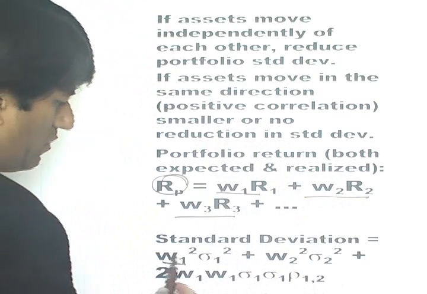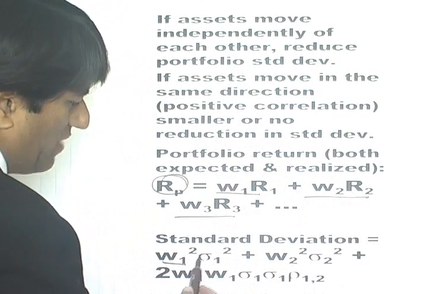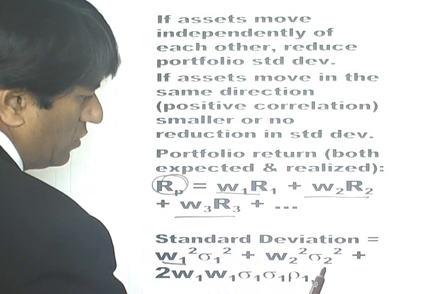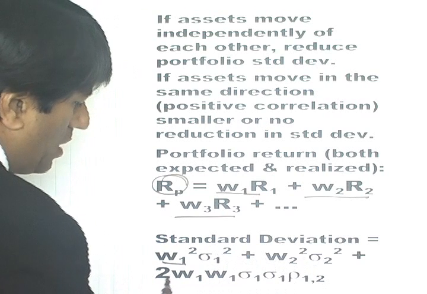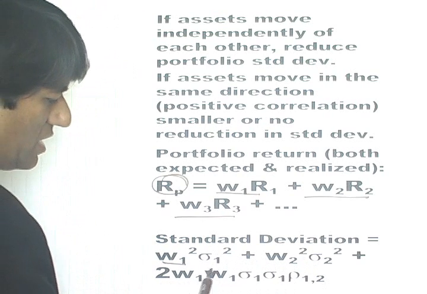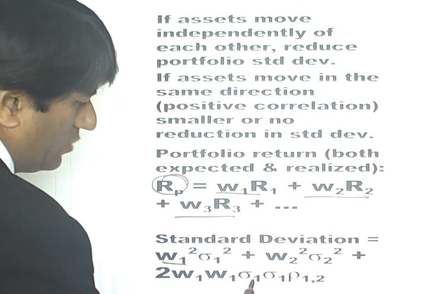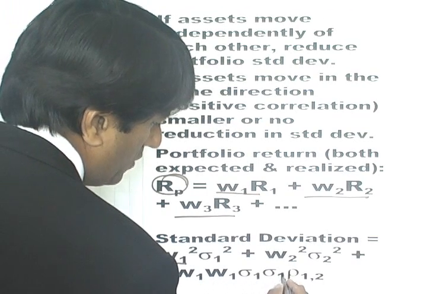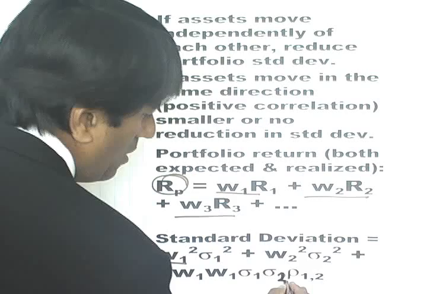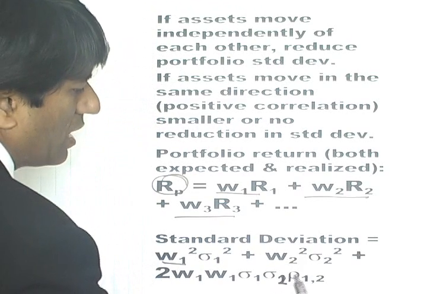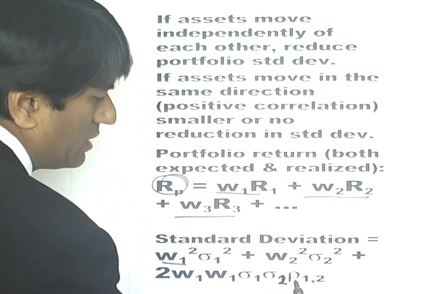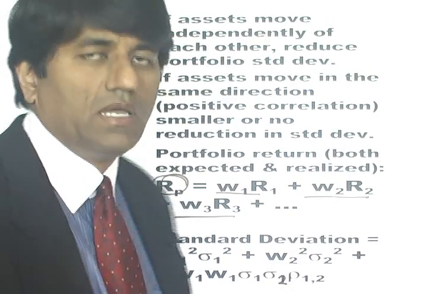Then it will be the weight of the first component squared times the variance of the first component plus the weight of the second component squared times the variance of the second component plus twice the weight of the first times the weight of the second times the standard deviation of the first times the standard deviation of the second times the correlation coefficient between the first and the second.